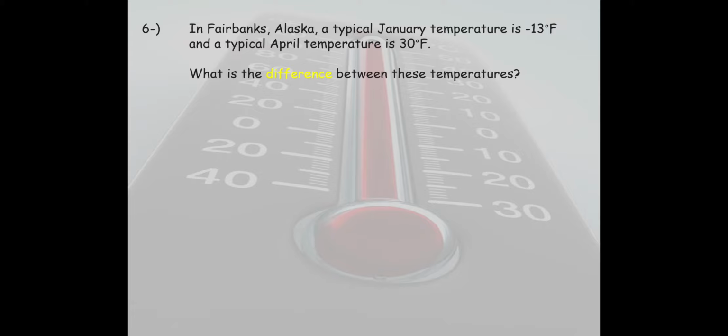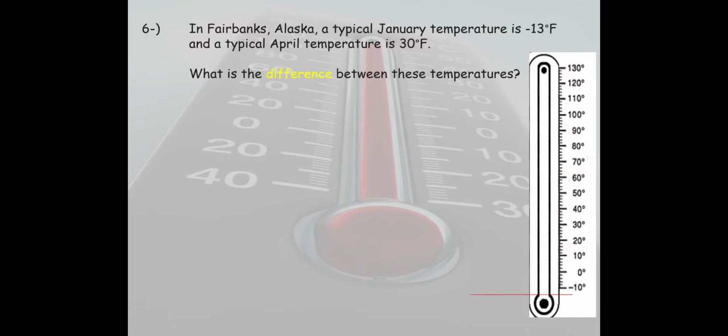Number 6. In Fairbanks, Alaska, a typical January temperature is -13 degrees Fahrenheit and a typical April temperature is 30 degrees Fahrenheit. What is the difference between these temperatures? Now we don't have to use a number line or a thermometer, but I just put it for more information. So -13 degrees Fahrenheit is below the 0, as you can see, and +30 degrees Fahrenheit is above the 0.